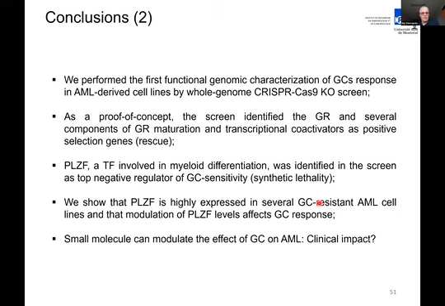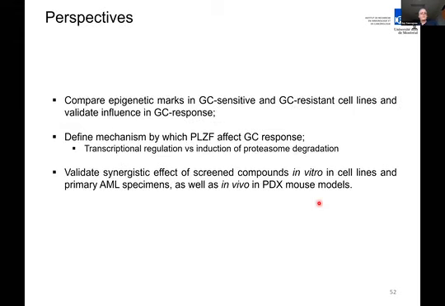I haven't heard much follow-up from these patients though. So the perspective is really to compare the epigenetic marks in GC sensitive and resistant cell lines and validate their influence on GC response, to define the mechanism by which PLZF affects GC response, and to validate the synergistic effect of our screen compounds first in PDX models.